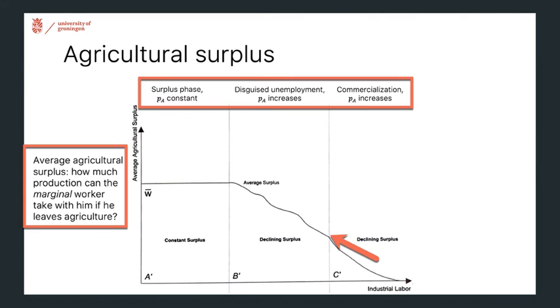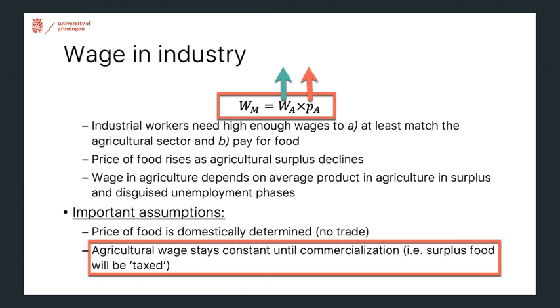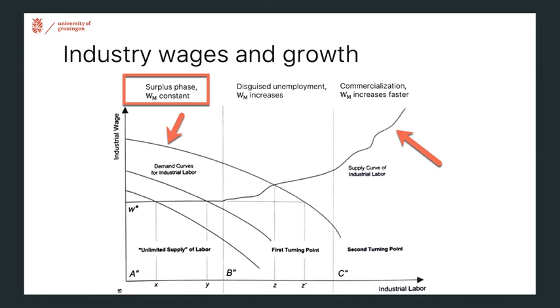As the average surplus starts to decrease, food prices start to increase. And putting those together, we get an expression for the industry wages, depending on agricultural wages and the price of food. So that taken together gives us the full scope of the Lewis model and explains the linkages between agricultural development and industrial development. Thank you very much.